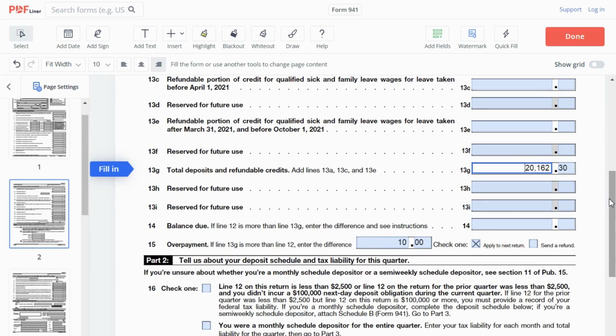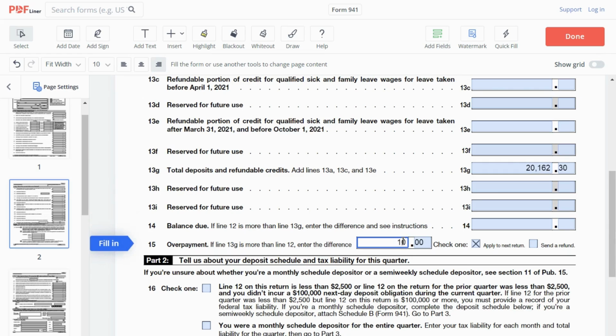In the perfect case, it should be the same as the amount on line 12, but you might have an underpayment or an overpayment. If you have an underpayment, you should report it on line 14 and pay the difference using the payment voucher at the end of the form.